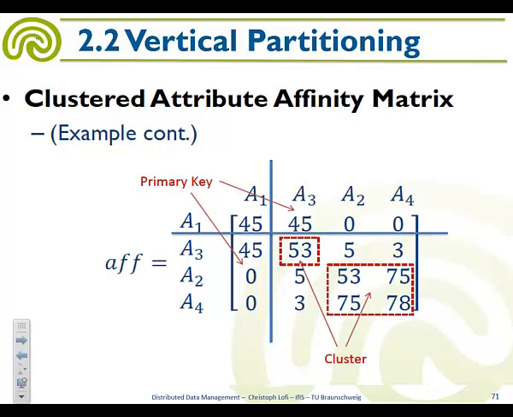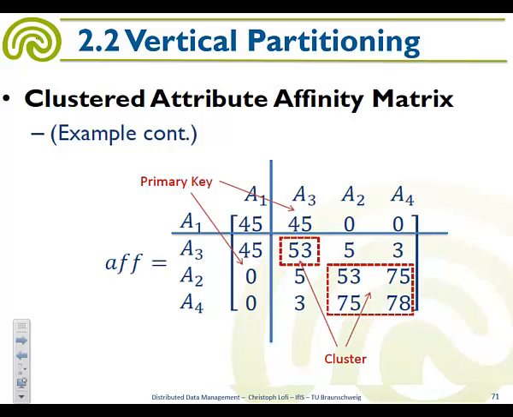And the result is that we reorganize A1 and then A3 and then A2 and then A4. We will see here that A1 is quite frequently accessed together with A3, or vice versa, it's symmetric. And that A2 and A4 are quite frequently accessed together.